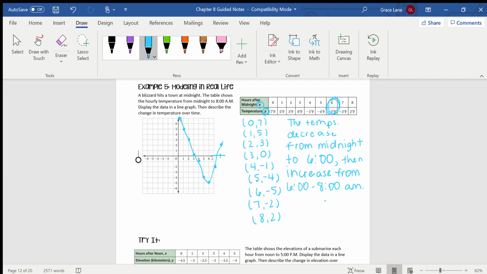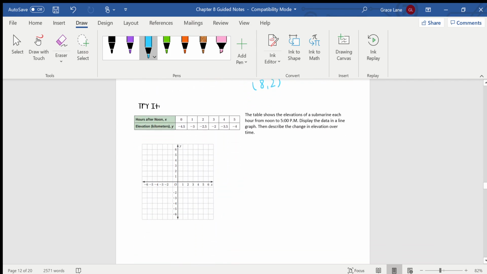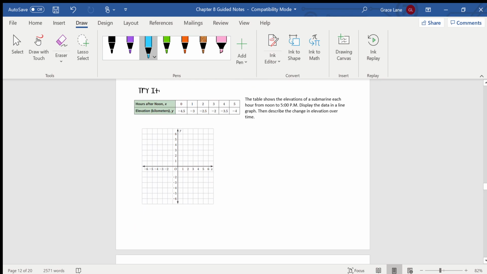You guys try numbers, or I guess the next one is not numbered. It says the table shows the elevations of a submarine each hour from noon to 5. Display the data in a line graph. So first make your ordered pairs. Again, it tells you which ones are X, which ones are Y. So your points are going to be this.